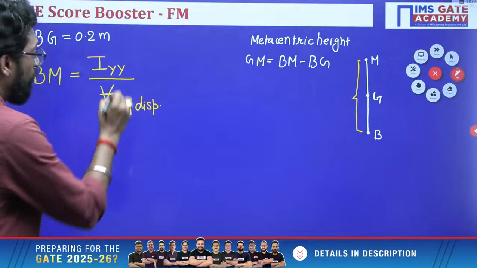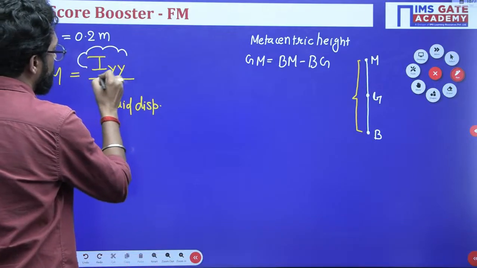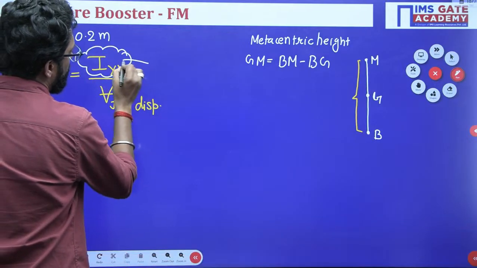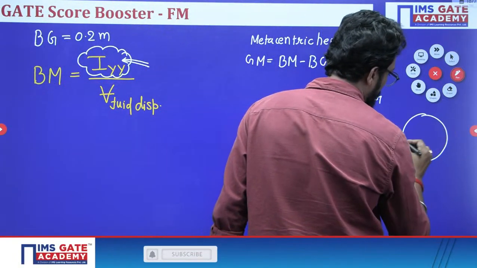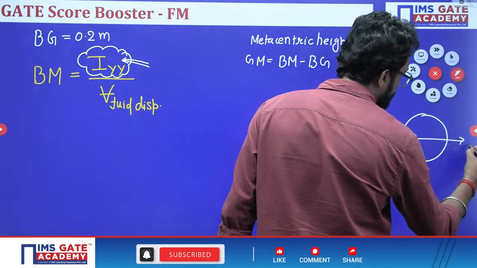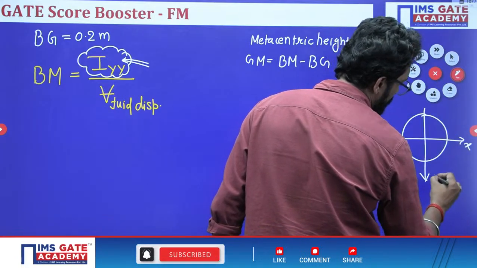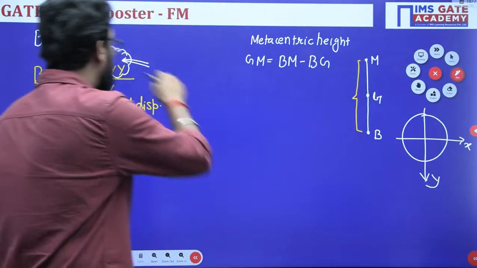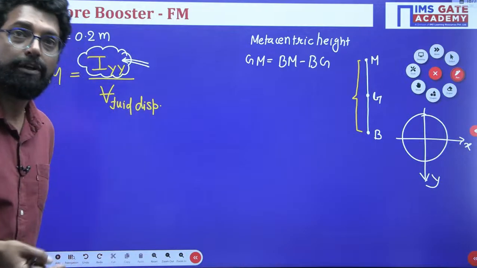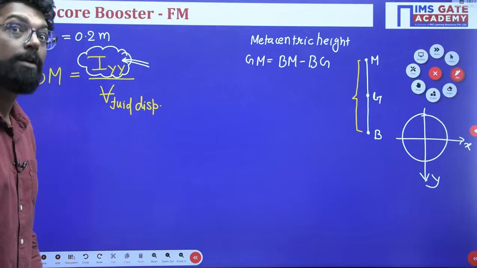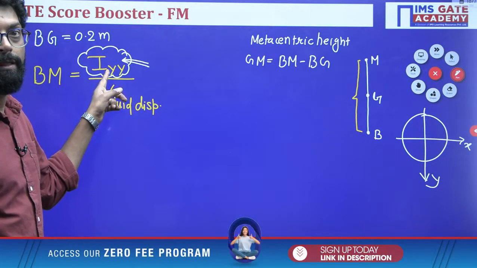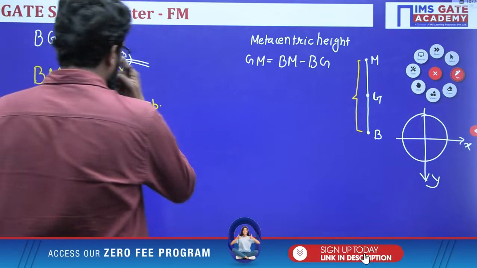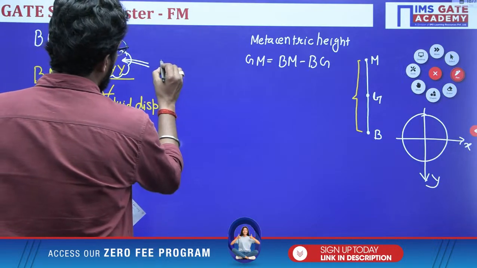Very important. What is this IYY? This is a circle, so IXX or IYY is the same, no problem. Either you put IYY or IXX, but you always keep the minimum value.